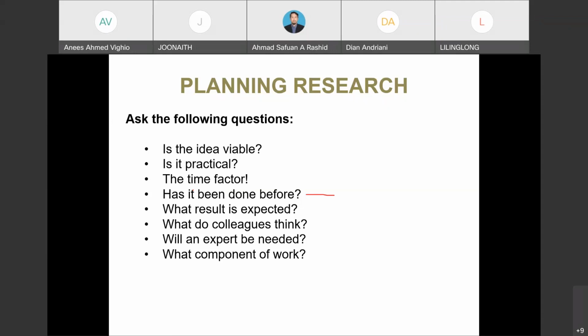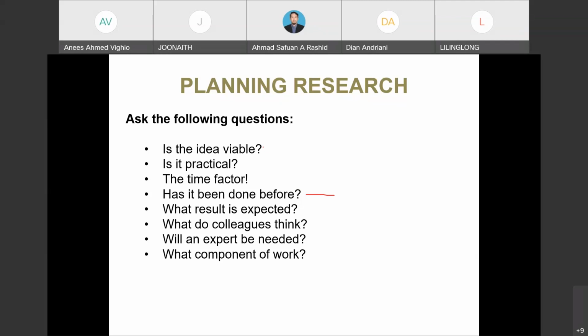So that's why it's very important for us to go through the previous literature, the previous paper or journal. From there, we can identify whether the idea is viable or not, practical or not, because once the method is established, we can try to manage the other factors that can easily be carried out.